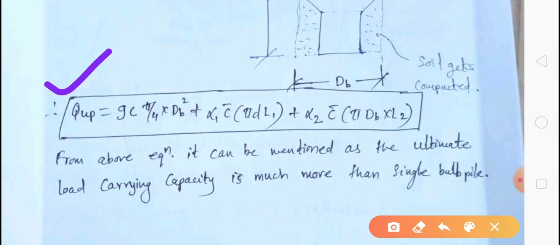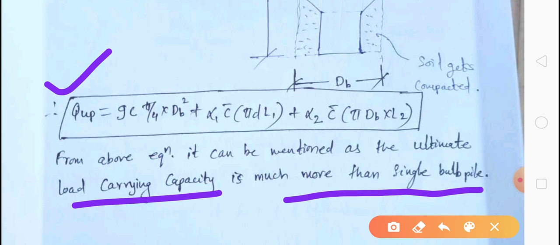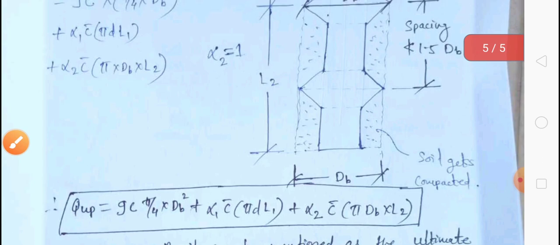So it will be an increased load carrying capacity. From the above equation, the ultimate load carrying capacity is much more than the single bulb pile. So for a double bulb pile you can have more load carrying capacity than the single bulb pile. This is the concept of the under-rim pile.